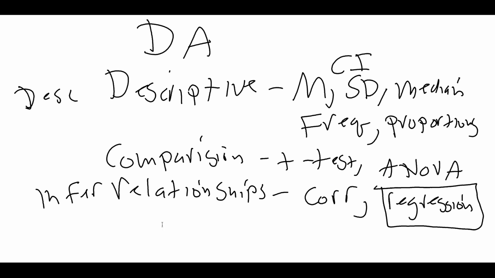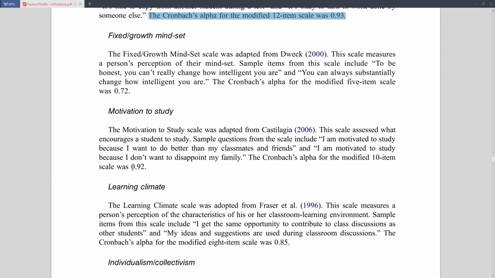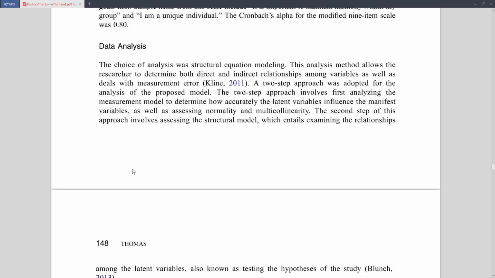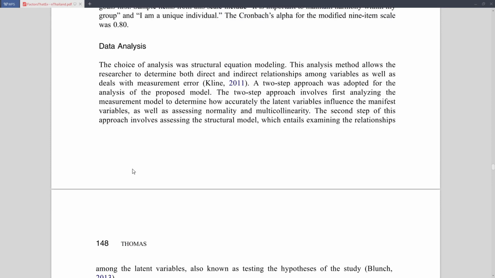So let me just give you an example of this real quick. We're going to go right here. And so my data analysis is just one little simple paragraph here. Now, this analysis is a little bit more complicated for the study or for the examples I'm giving you. But basically, to make it as simple as possible, I use a type of regression here. I'm not going to read this to you, but you can see it right there for yourself. And you have to explain what you're doing.